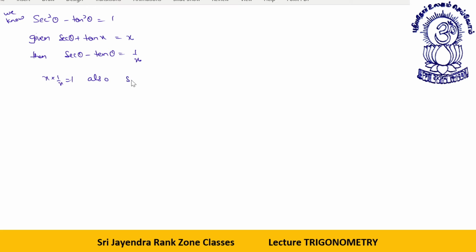That way exactly, if sec theta minus tan theta, from here I can say sec theta minus tan theta into sec theta plus tan theta is equal to 1. So these numbers are like reciprocals of each other.